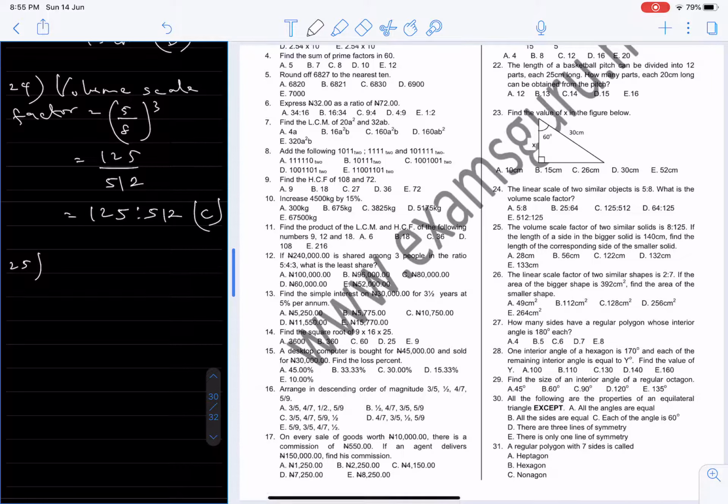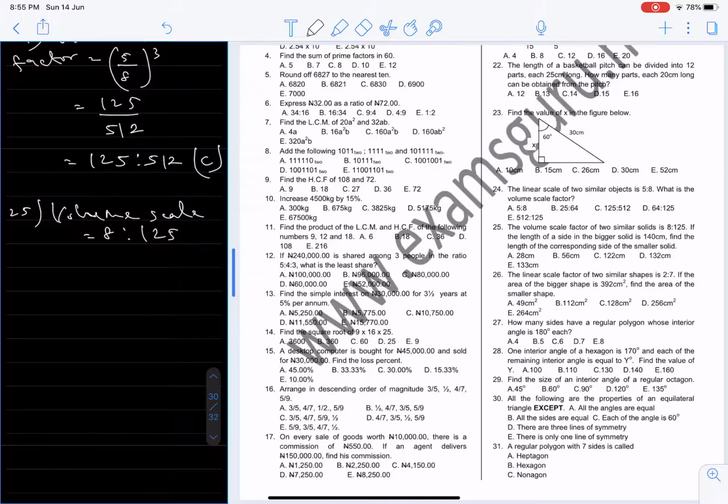Of course, volume scale equals 8 to 125, and the length of a side of a bigger solid is 140. I'm calling that big length. That's the length of one side of the bigger solid.